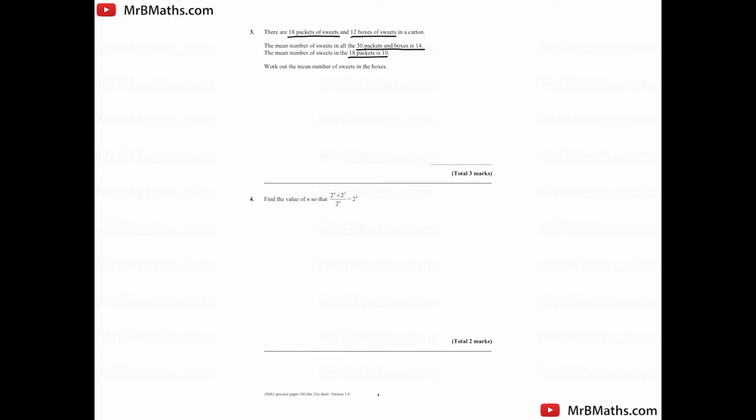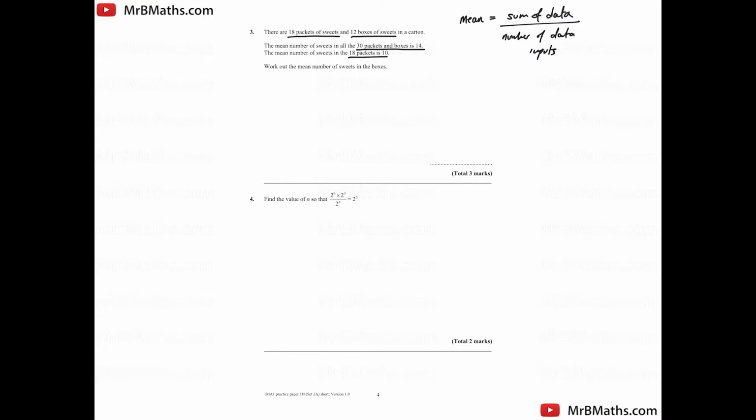So the first thing is to write the formula. The formula for mean is the mean equals sum of data over the number of data inputs.